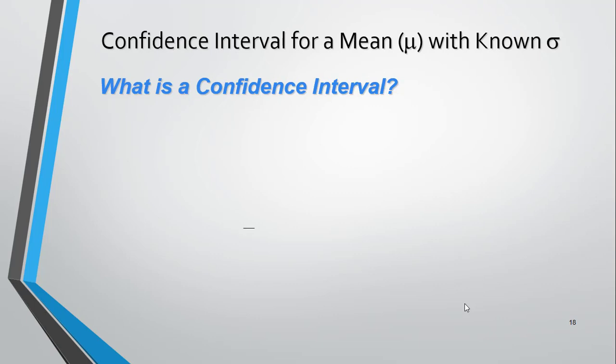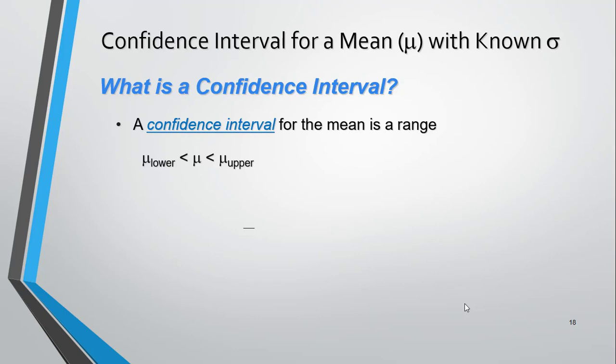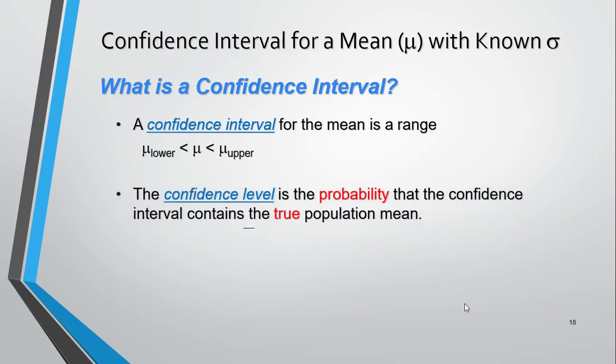Next, let's look at the confidence interval. What is a confidence interval? Remember, we can use sample means to estimate the population mean. For example, let's say we want to survey cell phone use among all people in South Carolina.